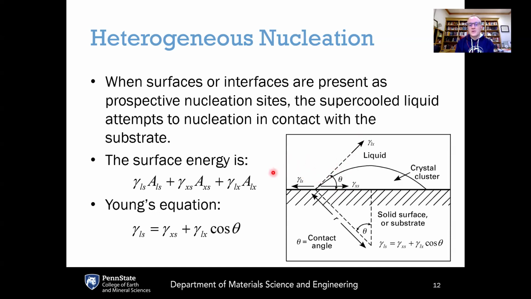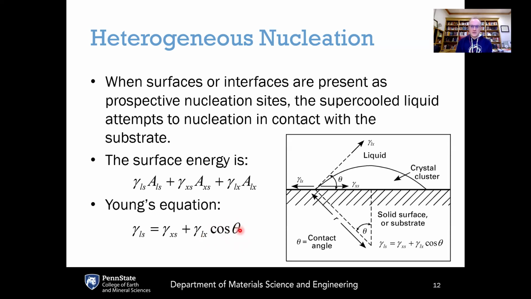All the leftward acting forces balance with the rightward acting forces. If you write the equation for that balance, you get Young's equation. So gamma Ls acting in the leftward direction. In the rightward direction, you've got gamma Xs plus gamma Lx times the cosine of theta. And therefore, this gives you the equation for the contact angle.